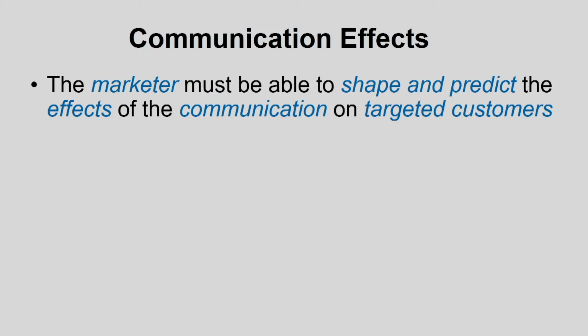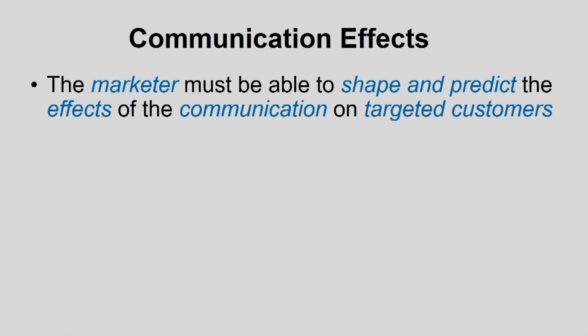So, what are communication effects? What are the effects of advertisements and communication messages which are manufactured by marketers? Most marketers want the communication to shape and predict the effects of communication on targeted customers.